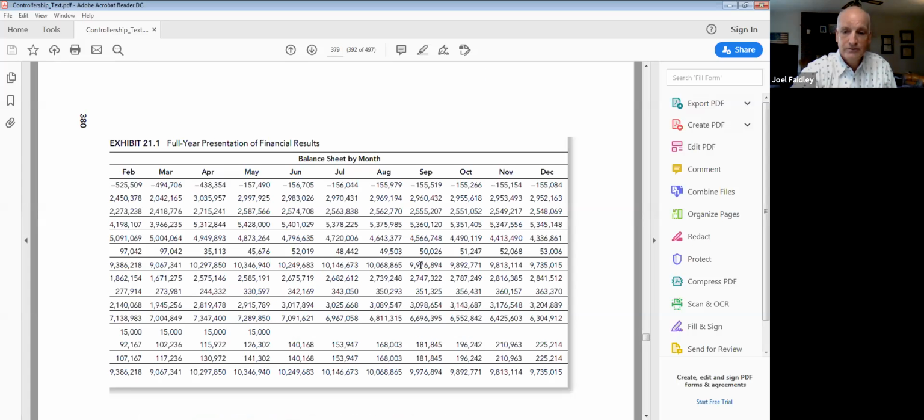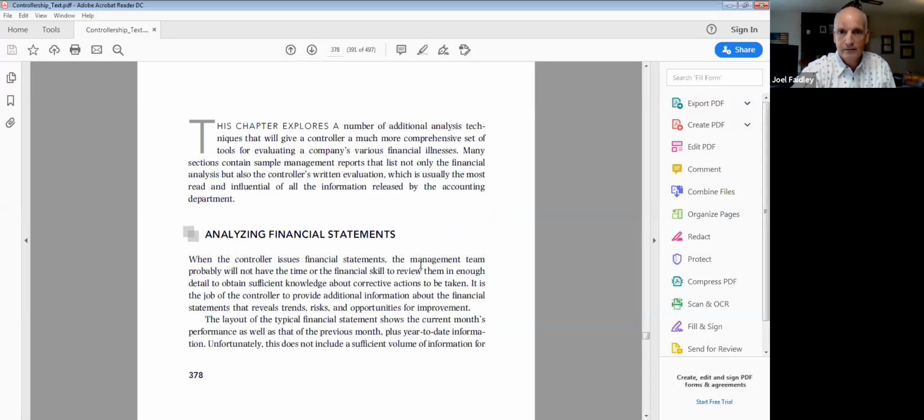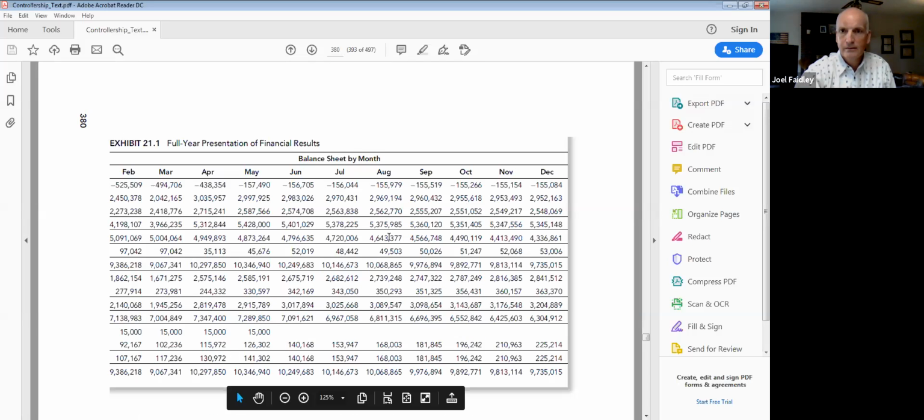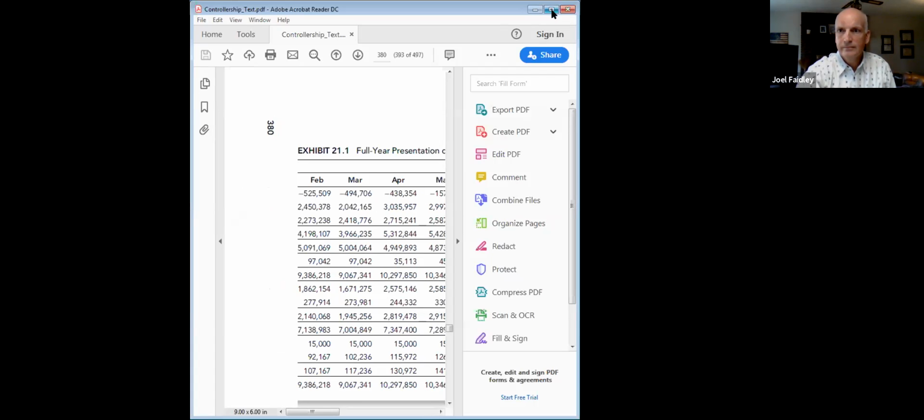Full year presentation of financials. I can't see the left side. I guess it's too big. There's my arrow key to go to the left. Well, that wasn't it.